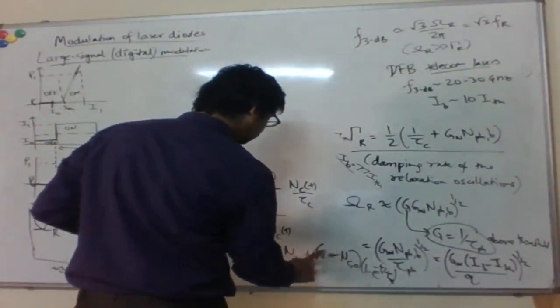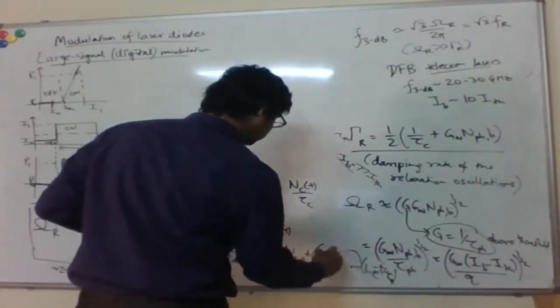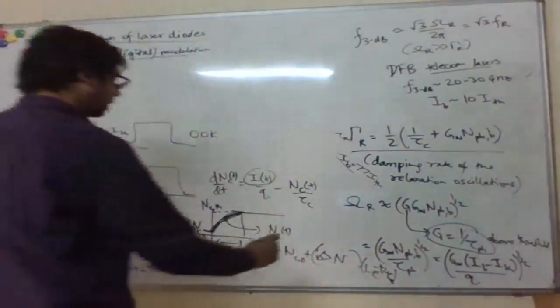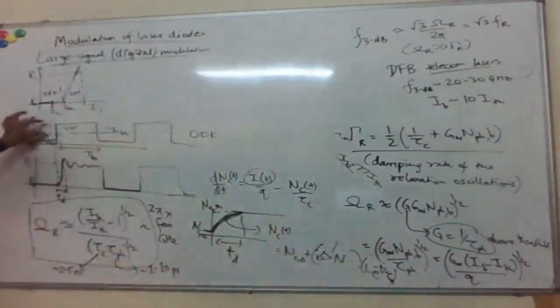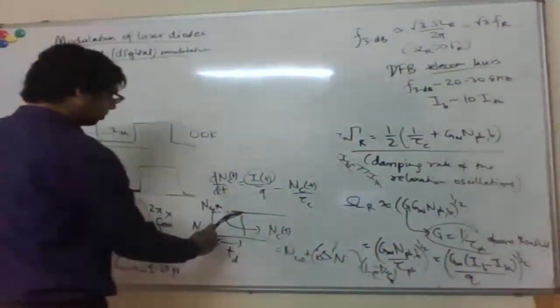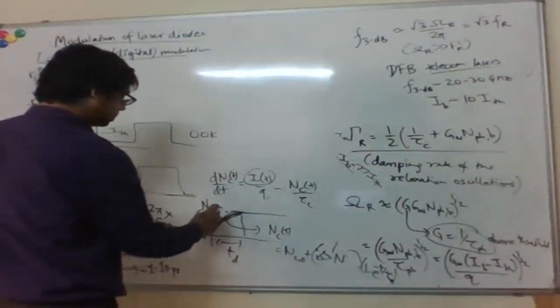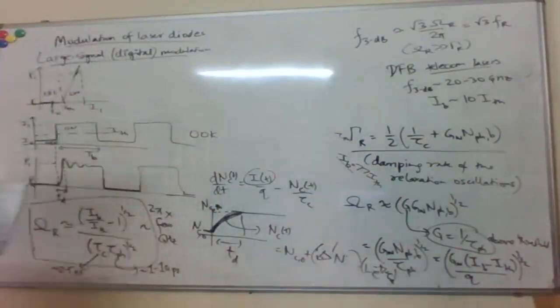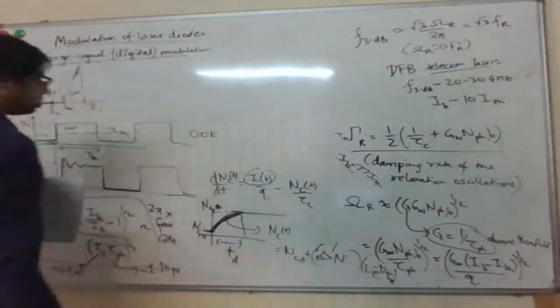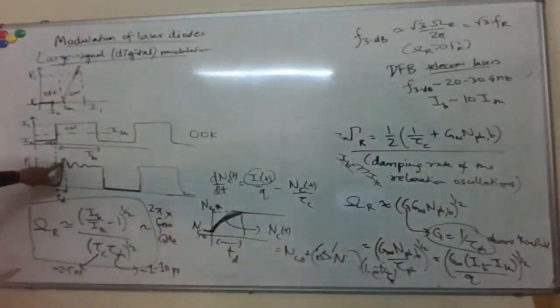Anyway, this will go something like this, where this delta will depend on the current step I1 minus I0, and you calculate at what point it reaches this threshold value. At t equal to td, it will reach this threshold value and the device will turn on.